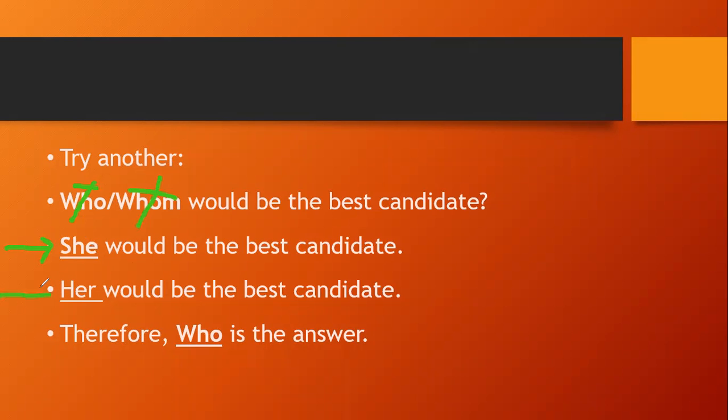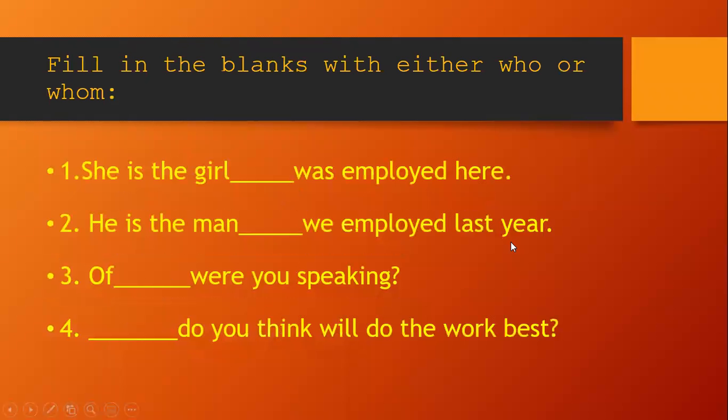Now which one is sounding correct? Read it twice. She would be the best candidate or her would be the best candidate? Obviously, the first one. She would be the best candidate. Now, this she we have used instead of who. So therefore, who is the correct answer.